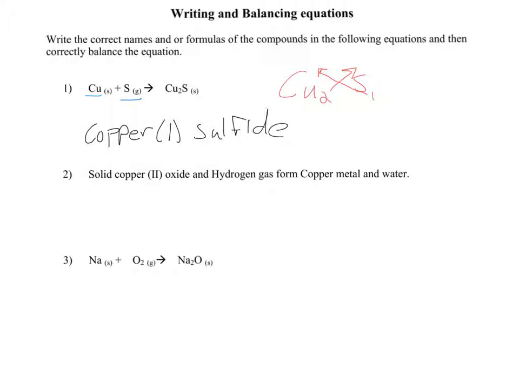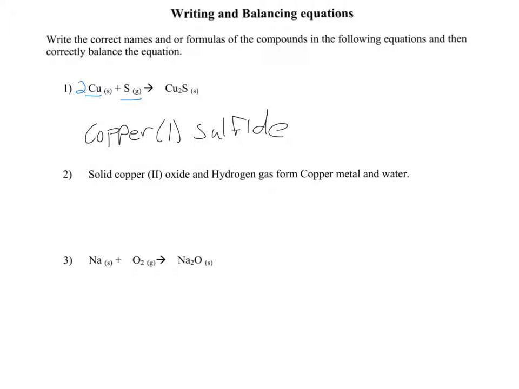And if you look at a periodic table, a 2 minus on a sulfur and a 1 plus on the copper makes perfect sense. Now balancing, as we always want to do, this one works out pretty nicely in that just a 2 in front of the copper will balance it out.